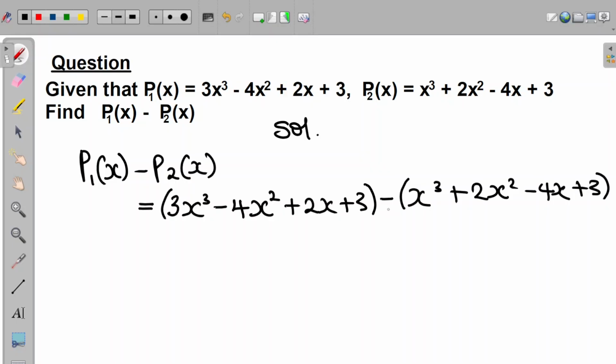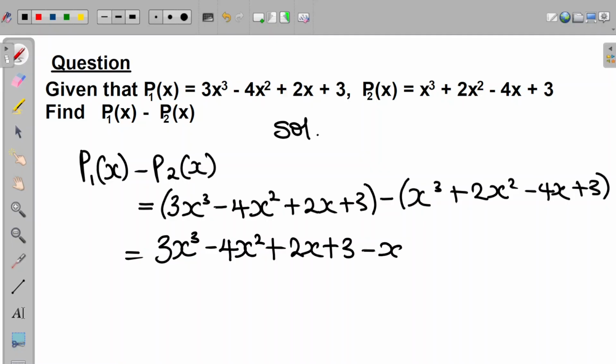Now, the next thing we do is to multiply the second bracket by the negative sign. So this becomes 3x cubed minus 4x squared plus 2x plus 3. So now, minus multiply x cubed will be negative x cubed. Also, minus multiply 2x squared will be negative 2x squared.